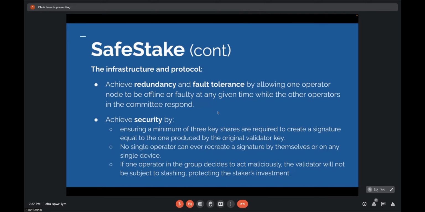But the other side of that is that any one operator in the committee can't ever recreate that signature on their own. So that makes it an extremely secure solution. And also, the operators never have access to any deposit funds, never have access to keys.